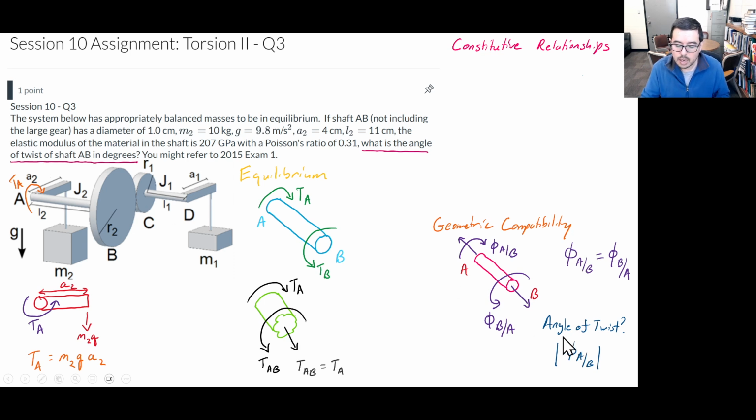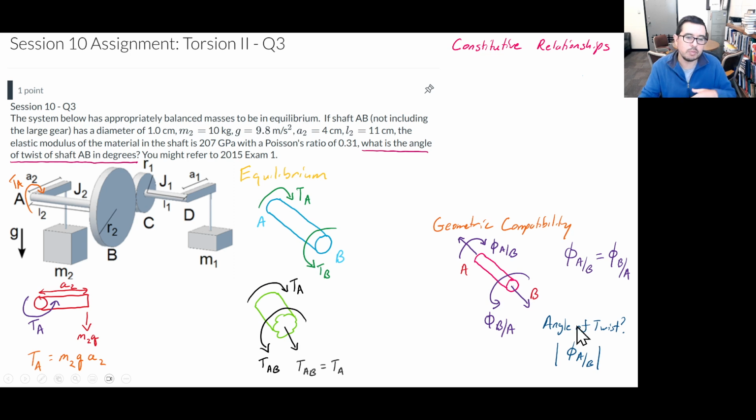Another insight is that this question is not saying phi A relative to B. It's just saying, what is the angle of twist of shaft AB in degrees.